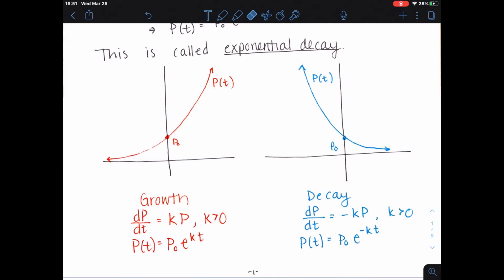So we can think of this more realistically. If you have any type of chemicals, those are going to decay over time. Carbon dating follows some of these models, and then we're going to learn about Newton's law of cooling. So if you put a hot object in a room temperature situation, it's going to eventually cool, and it satisfies an equation just like we have before.